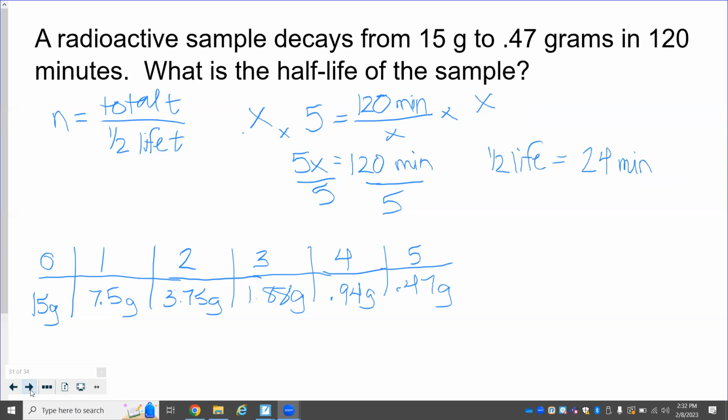So half-life is not super complicated. It's just because there's varying amounts of questions that can be asked based off of half-life. We can go through different problems. Another thing that you could be asked with half-life is the fraction that remains.